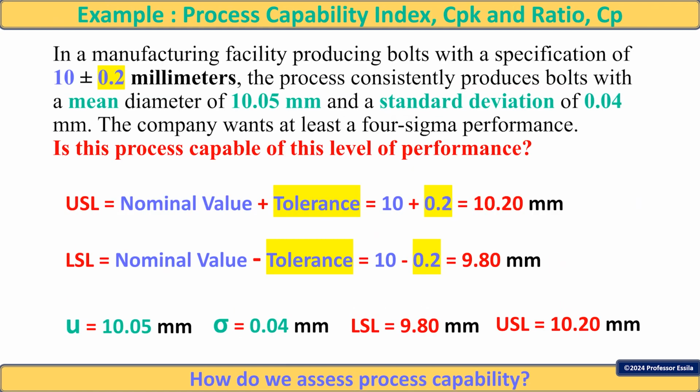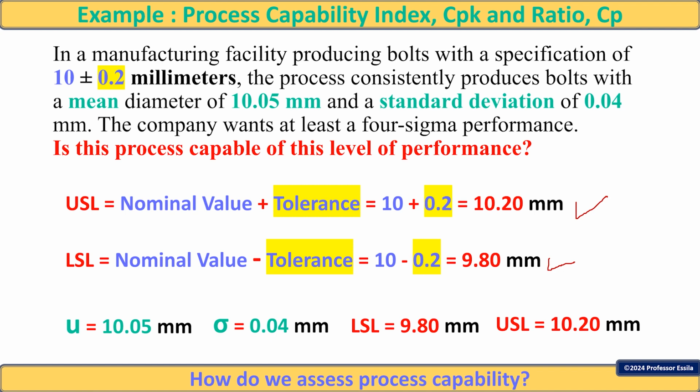Right? So let's explore an example from a manufacturing facility producing bolts. We will calculate using the upper specification limit and the lower specification limit. Our upper specification limit is 10.20 and our lower specification limit is 9.8.